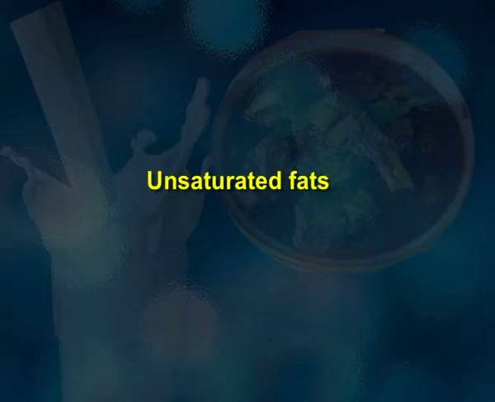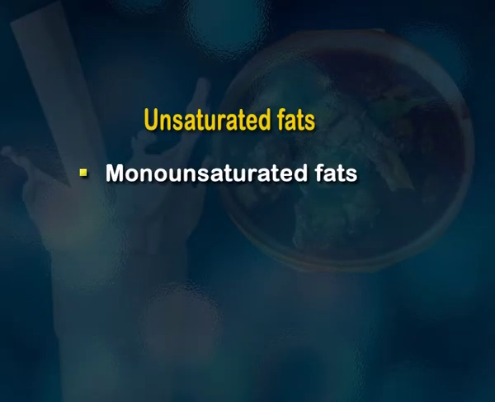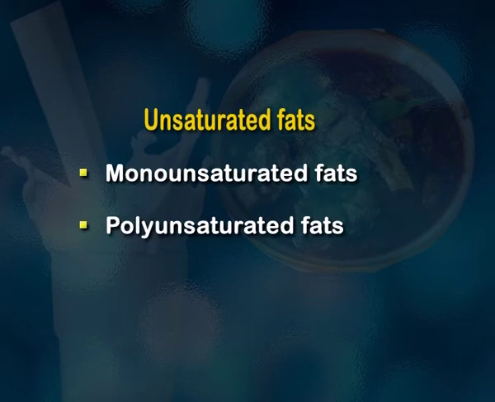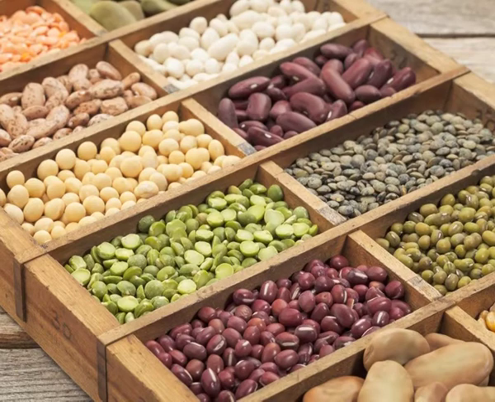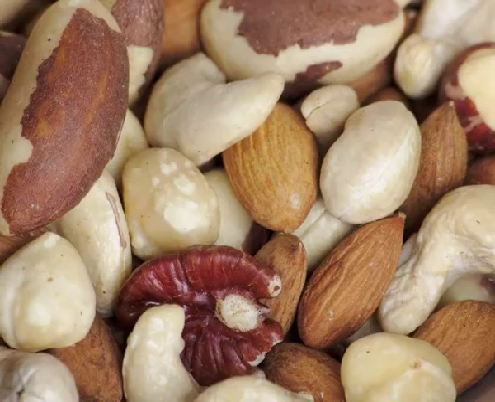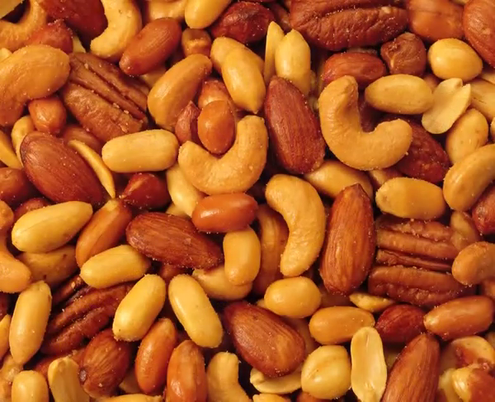Coming to the next type of fat, that is unsaturated fats. In unsaturated fatty acids, there are basically two types, monounsaturated fats and polyunsaturated fats. Coming to monounsaturated fats, these are the fats which usually come from seeds and nuts, such as avocado, olive, peanuts and canola.